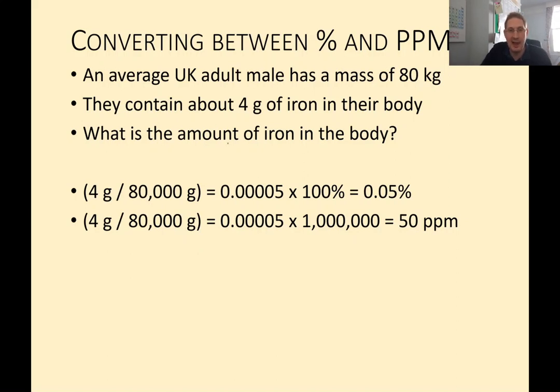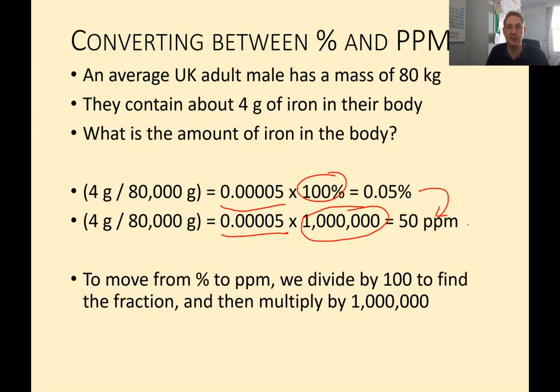When we're comparing percent to per million, we find the fraction in both cases. In one of them we times by 100 to find out the number in 100 that would be iron, and for parts per million, we just multiply by 1,000,000 to find out the number in 1,000,000 that would be iron. So clearly converting between the two is very, very straightforward. To move from percent to parts per million, we divide by 100 to find the fraction and then multiply by 1,000,000.